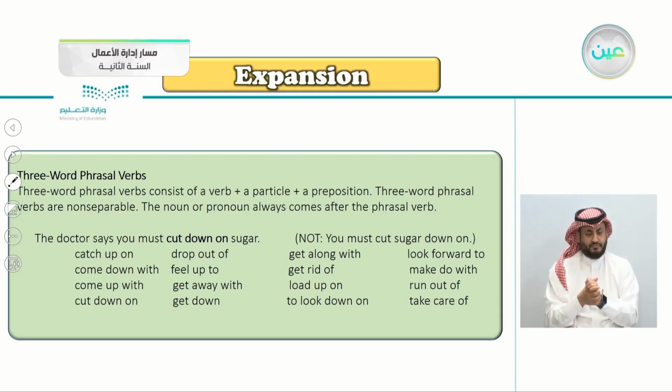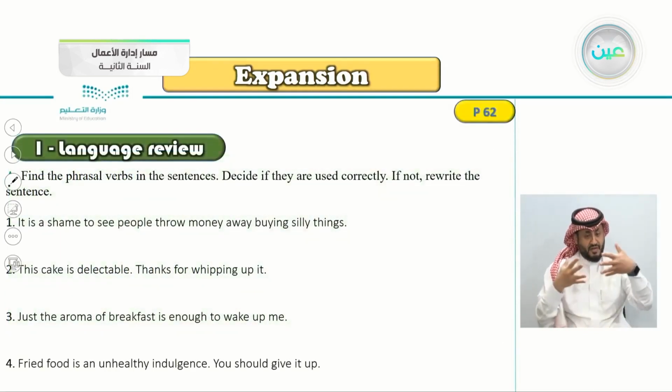The noun or the pronoun always comes after the phrasal verb. For example, here the doctor says you must cut down on. Cut down on. Catch up on. Come down with. Drop out of. Get along with, and so on. So getting back to our exercise here.